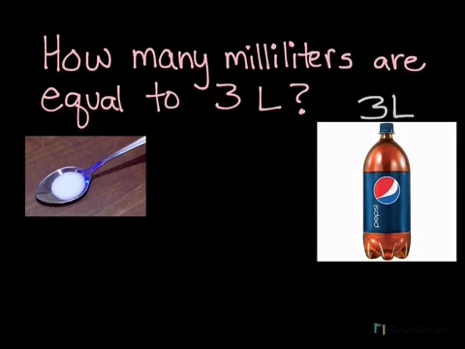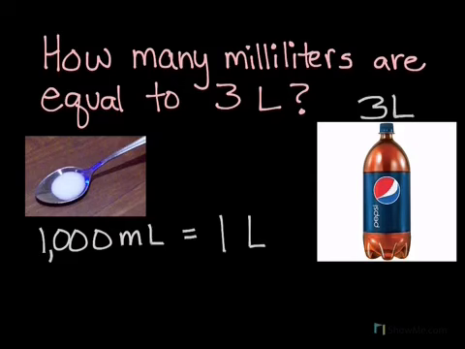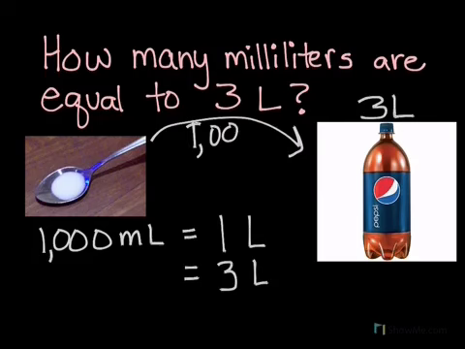Well, I know that there are 1,000 milliliters. Notice I use a capital L in 1 liter. So if I have 3 liters, then that means each liter has 1,000 of these spoons.